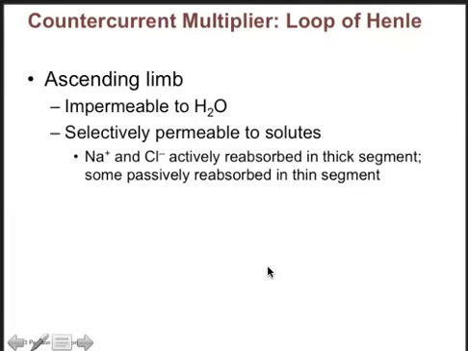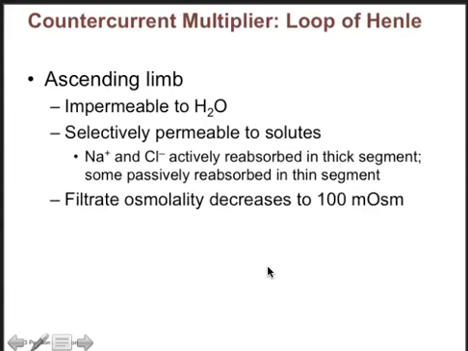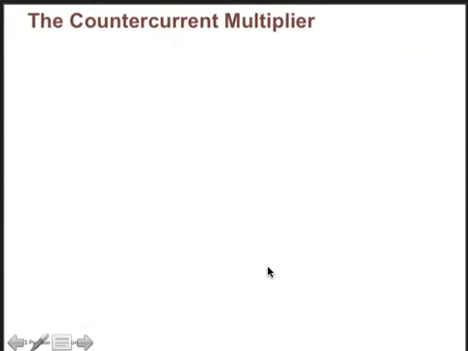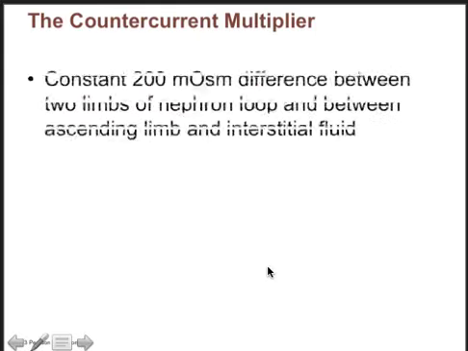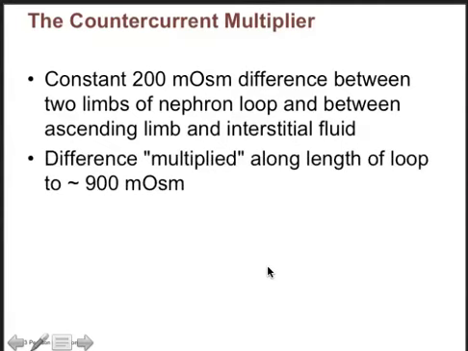Some of it is passively reabsorbed in the thin segment, and the filtrate osmolality decreases to about 100 milliosmoles as we ascend towards the cortex. A constant 200 milliosmol difference between the two limbs of the nephron loop and between the ascending limb and the interstitial fluid are what are responsible for this countercurrent multiplier mechanism. The difference is multiplied along the length of the loop to about 900 milliosmoles.